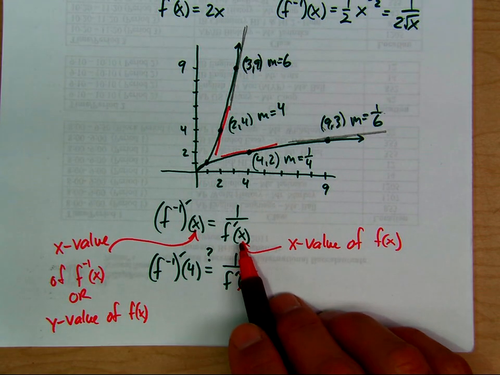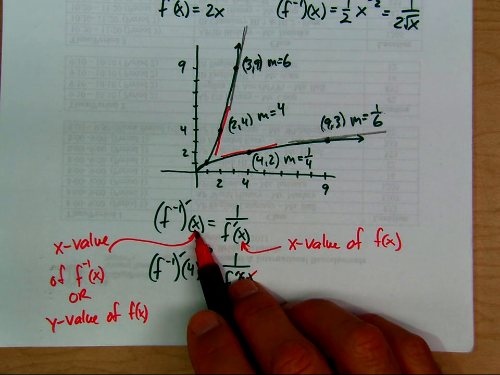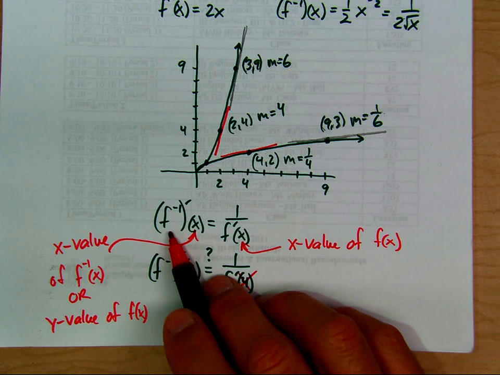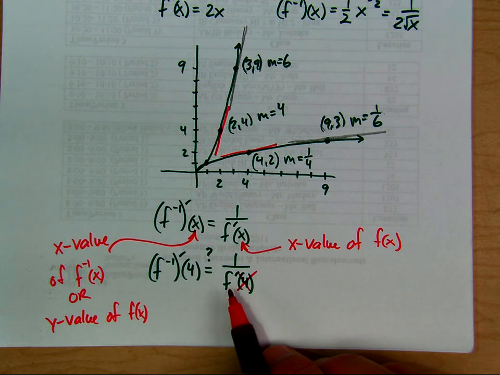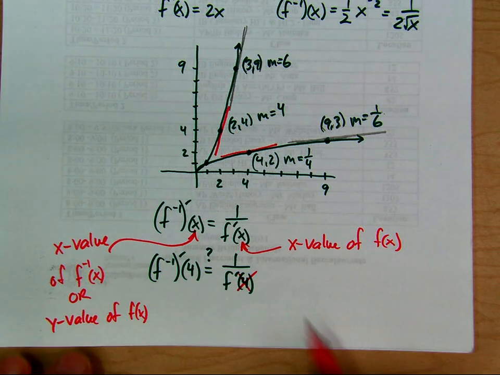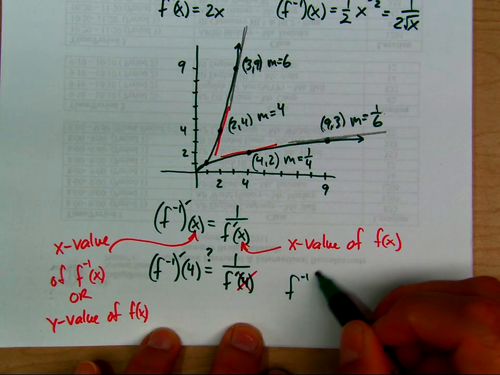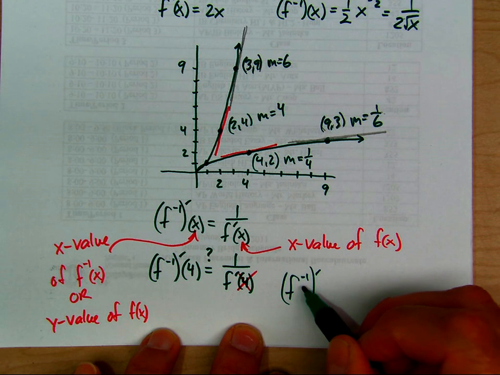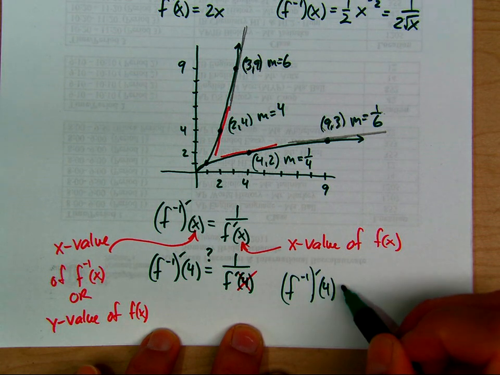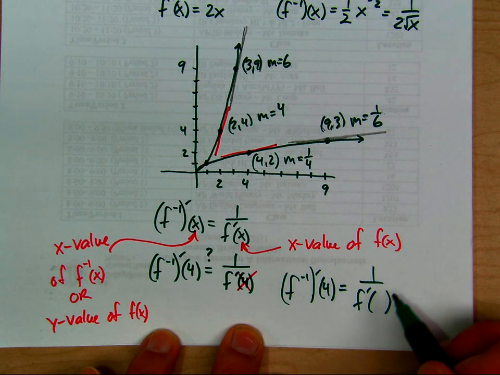We would substitute x values into f, but this is a y value of f that we substitute into the inverse function. And we'll see more examples of that. So the correct statement here would be the derivative of the inverse at 4 is 1 over the derivative of the function at 2.